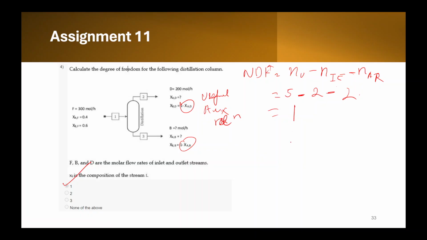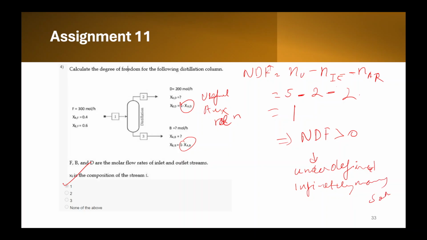In this case, NDF is greater than 0, so this is under defined. This will have infinitely many solutions.